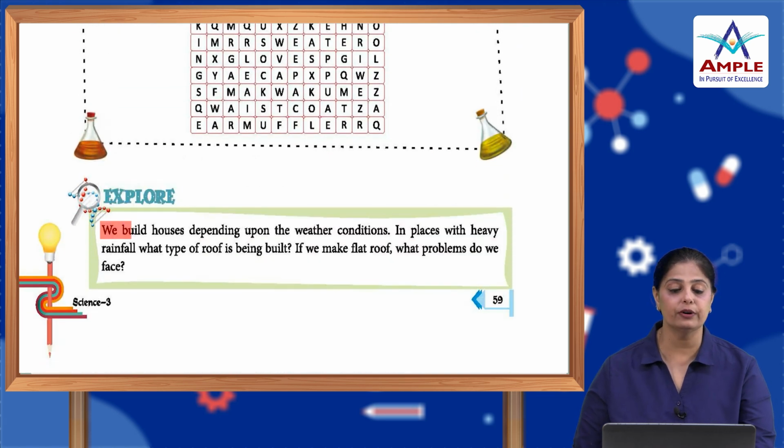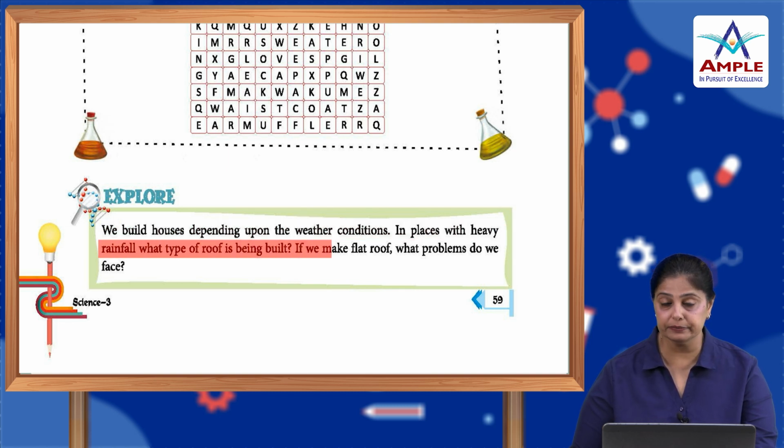Alright. Now, explore. We build houses depending upon the weather conditions. In places with heavy rainfall, what type of roof is being built? If we make a flat roof, what problems do we face? So, children, just to give you a hint, in the rainy season, especially in places with heavy rainfall, the roofs are slanting.